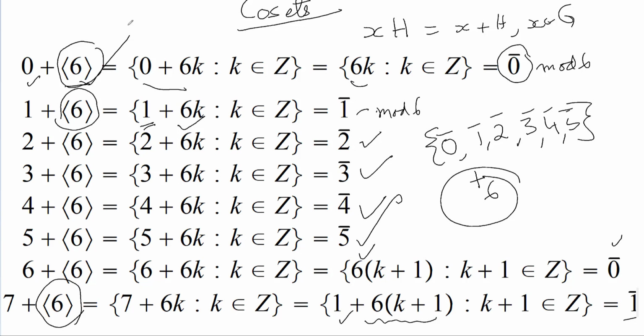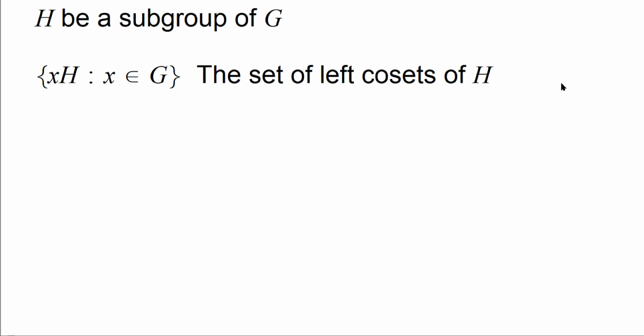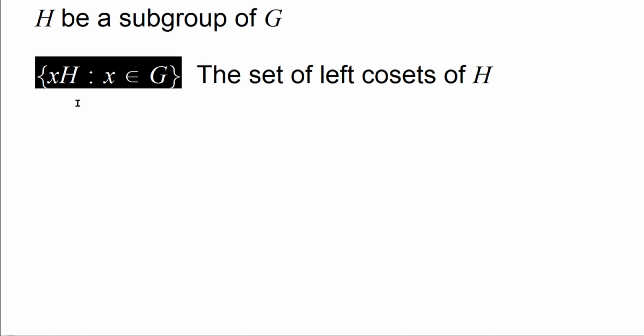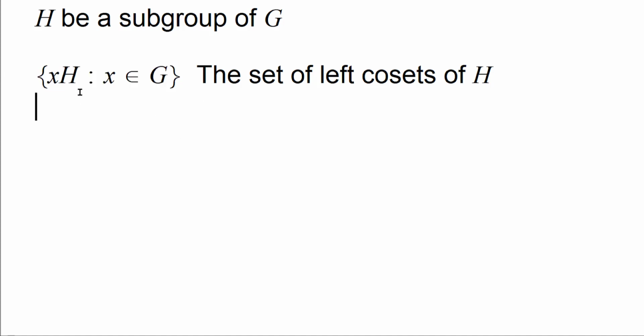So now let's go with this idea further for groups in general. Now we are taking a general situation where H is a subgroup of a group G, and we are taking the set of all the left cosets.